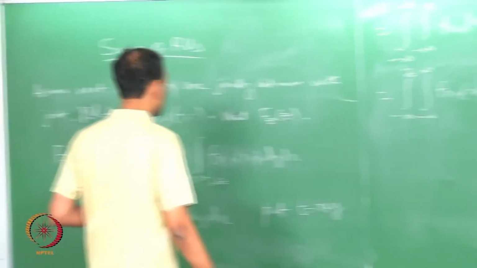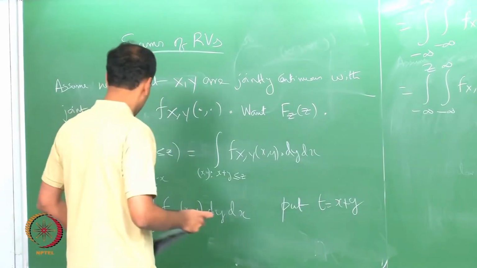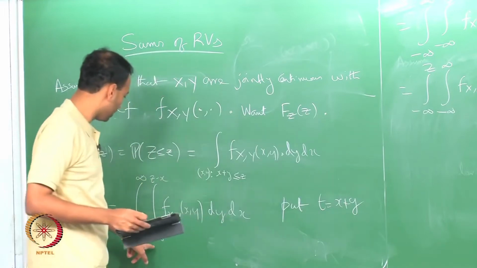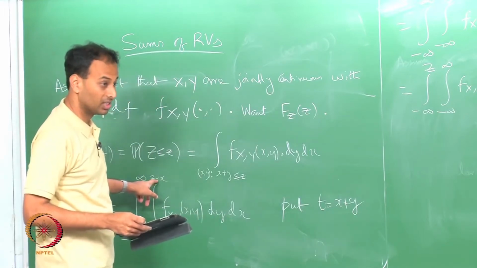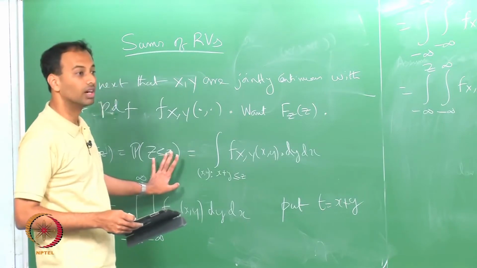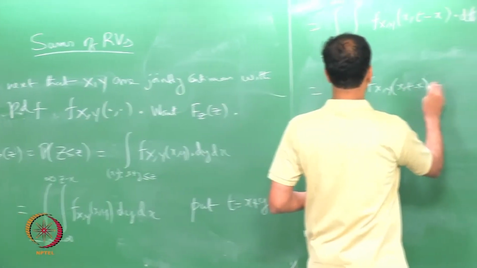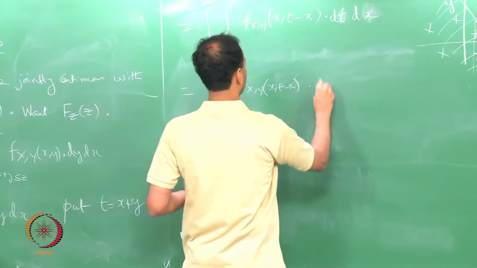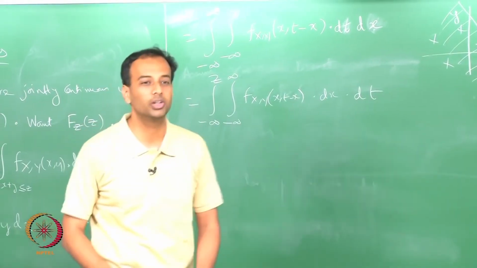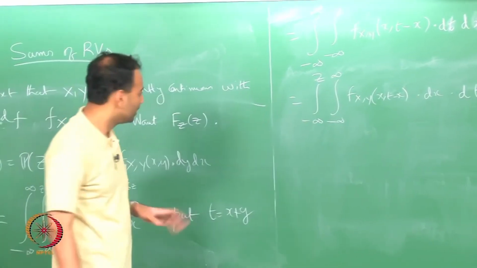Now my variable is t, so I have gotten rid of y. Y was going from minus infinity to z minus x, now my t is going from minus infinity to z, I think that makes sense. I have just flipped the two integrals, which I can do because my integrand is non negative. So, why did I do that?